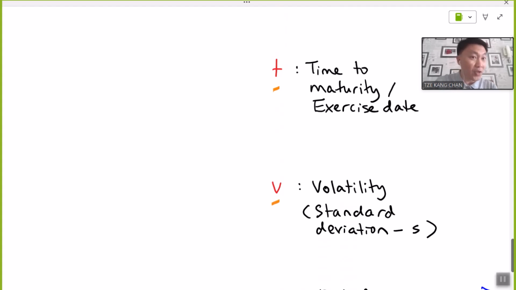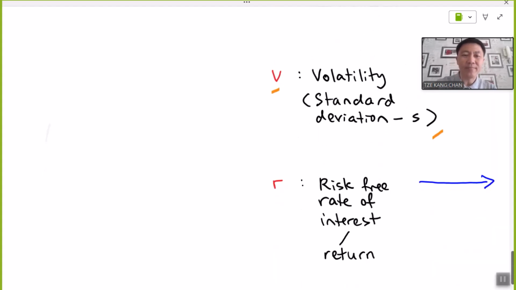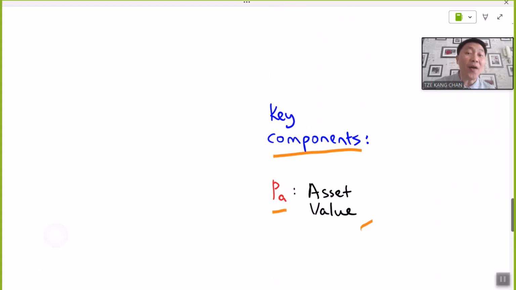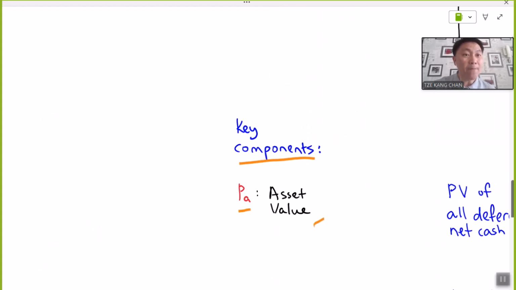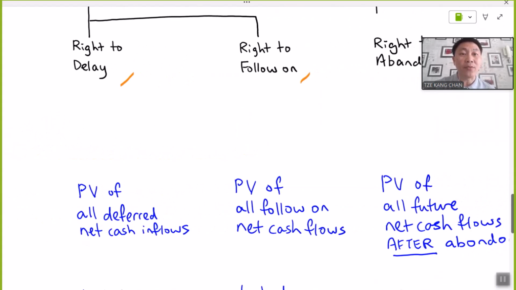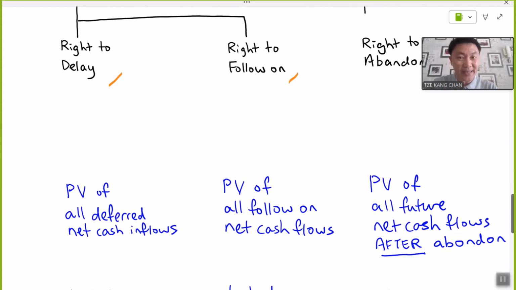V, the volatility, the fluctuations, particularly on the cash flows, measured by S, standard deviation. Finally, R, the risk-free rate of interest or the risk-free rate of returns, which is RF, that is required.